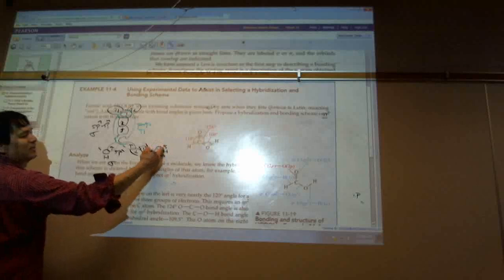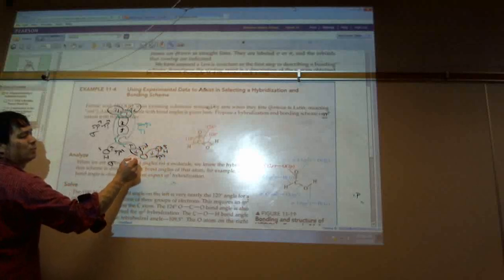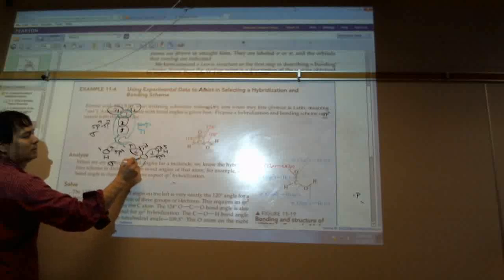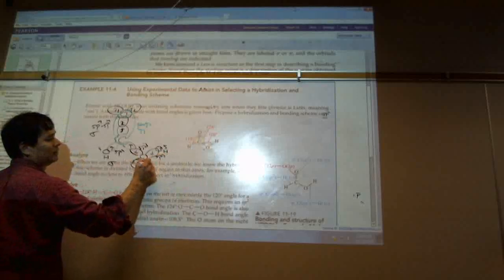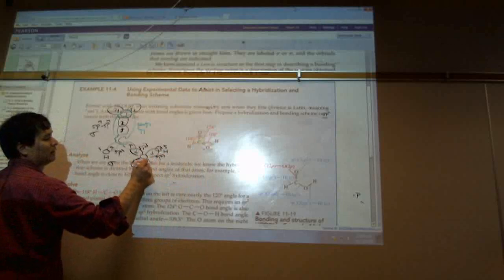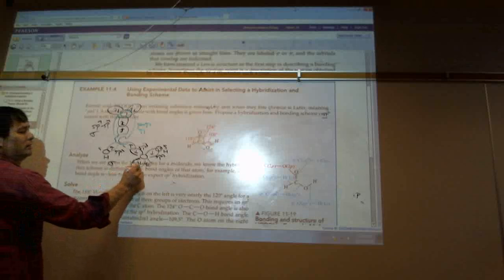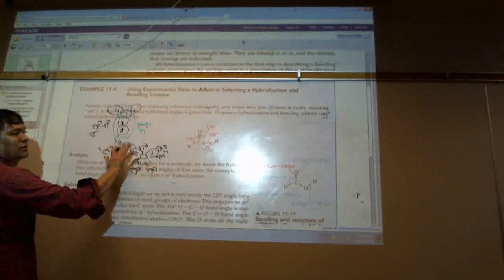So this sp3 s sigma to hydrogen, and then what's happening with the lone pairs? One lone pair is sticking out and one lone pair is sticking in. Do you see it? Can you visualize what's happening with the orbitals when you look at that molecule? Yeah?